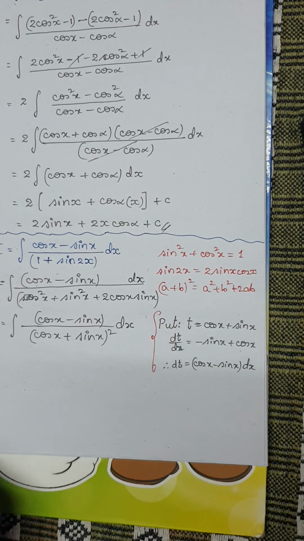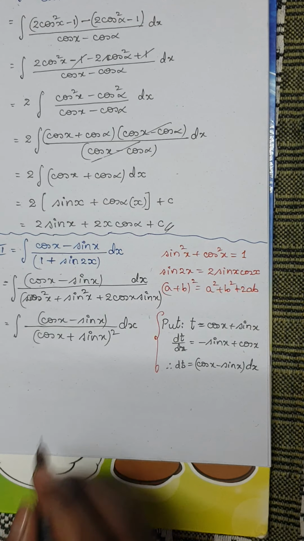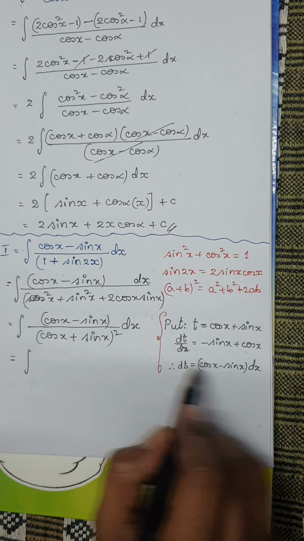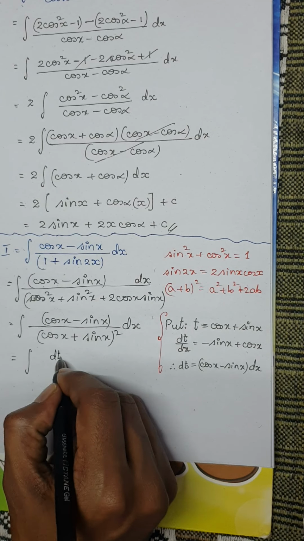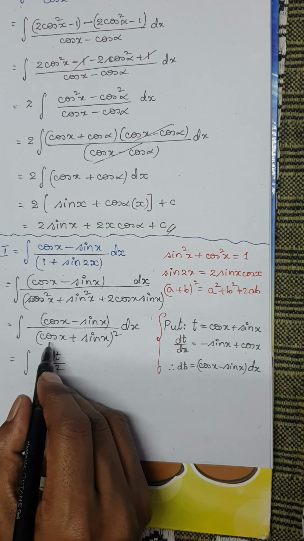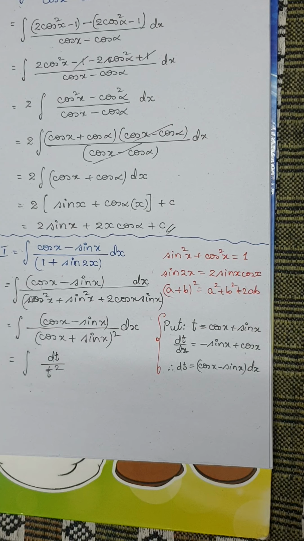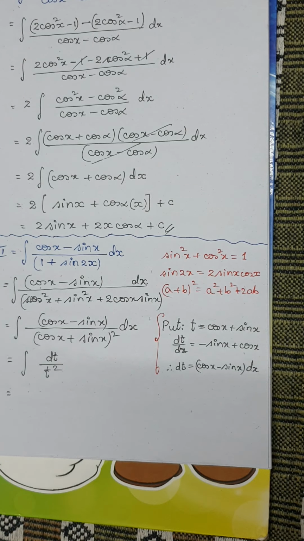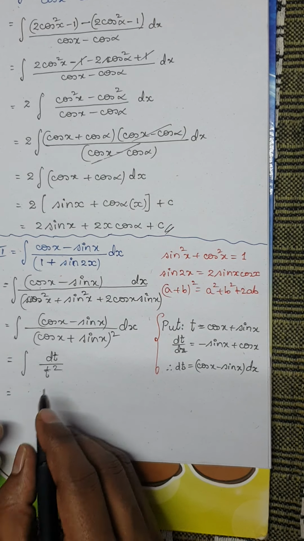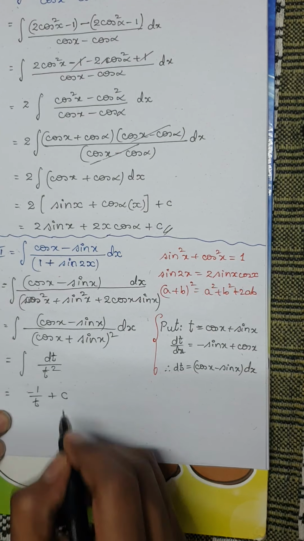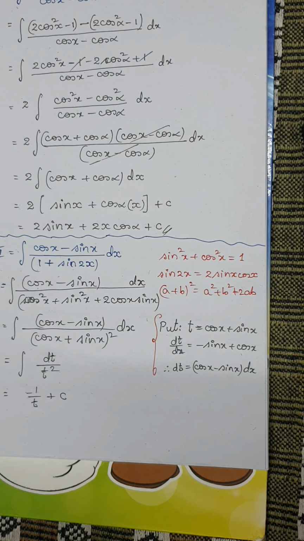I have substituted and kept aside, and see what happens to the integral. This is nothing but integral of, cos x minus sin x dx is nothing but dt, divided by the denominator t square, because cos x plus sin x is t. Now what is integral of 1 by t square? We know it is a standard integral: minus 1 by t plus c, which is the constant of integration.